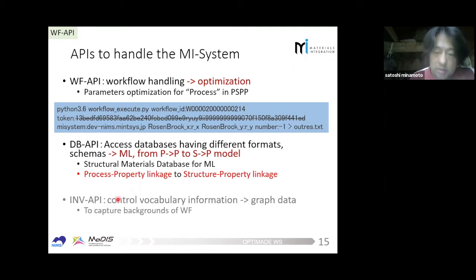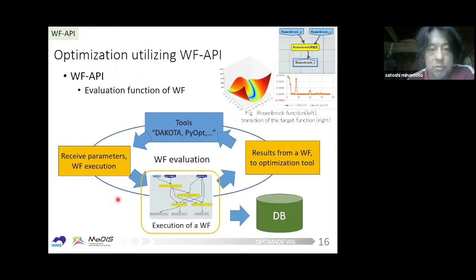However, we can make the graph data gathering the vocabulary information and analyze the background of the workflow data or something like that. And here's just an example: by utilizing the workflow APIs, it's very simple to optimize, for example, an analytic function, just like the Rosenbrock function, to search the minimum of the function.